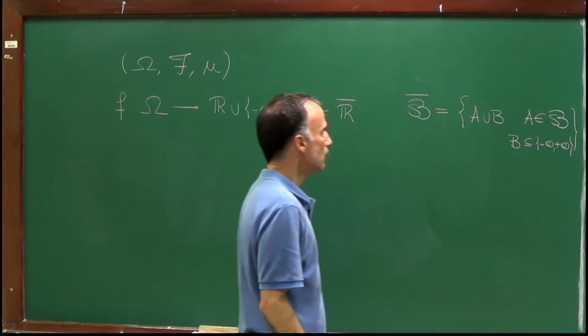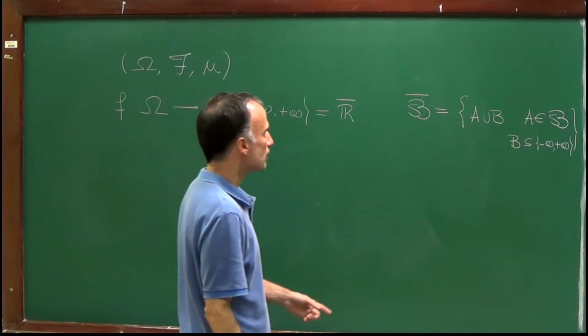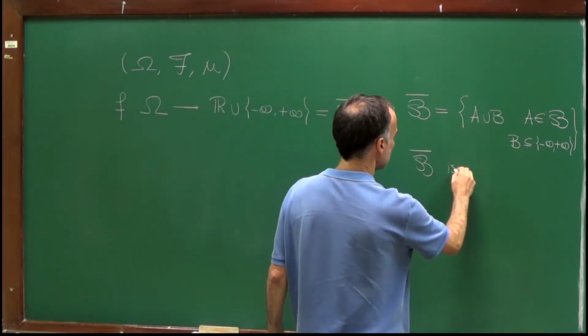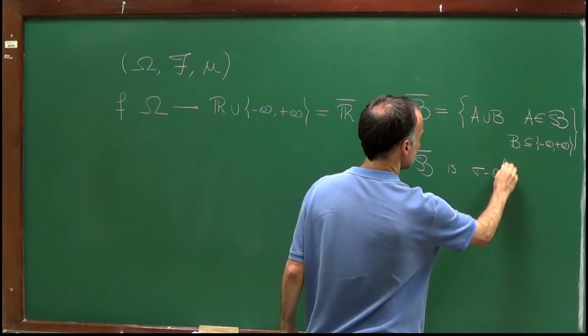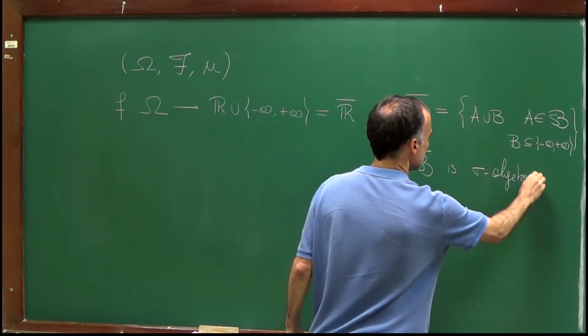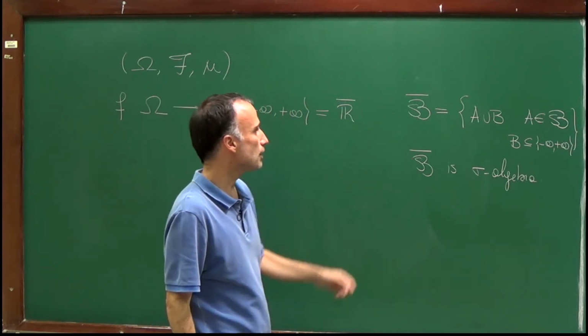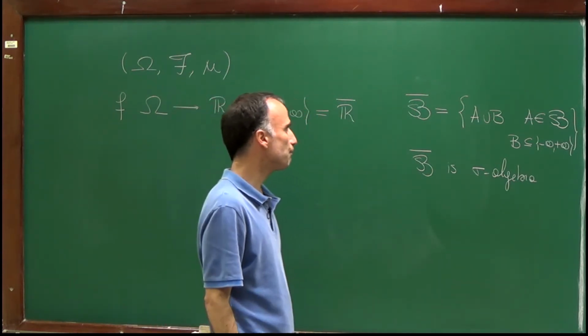Right. So I leave to you to check that B bar is a sigma algebra. And I will call it the extended Borel sigma algebra.